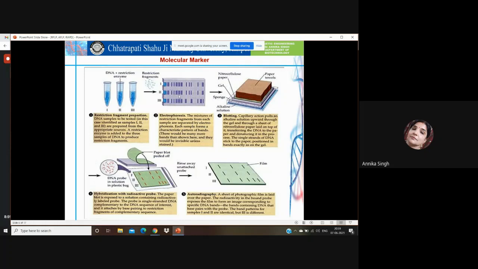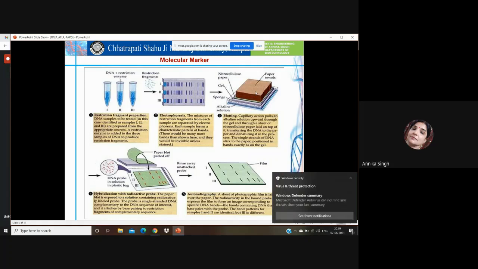separated by electrophoresis. You can see here these bands are separated, and then these bands are transferred onto a nitrocellulose membrane or any other solid matrix, such as a nylon membrane.